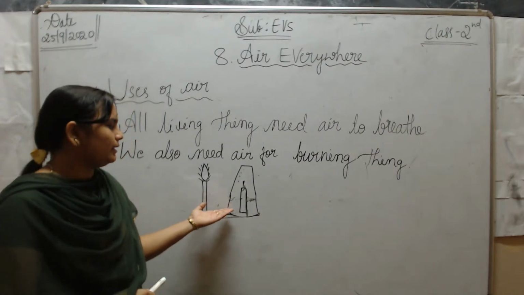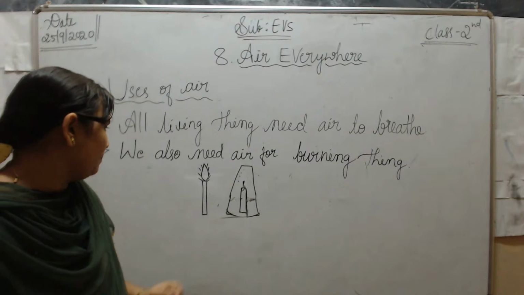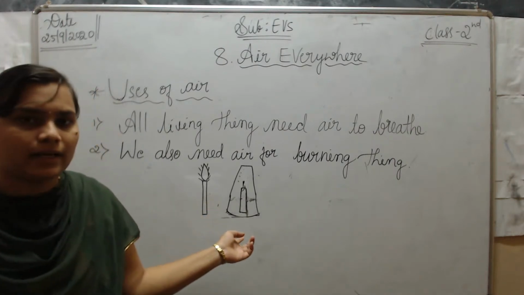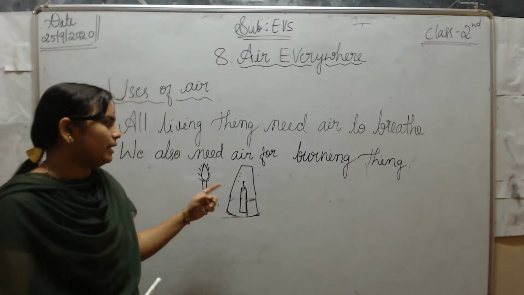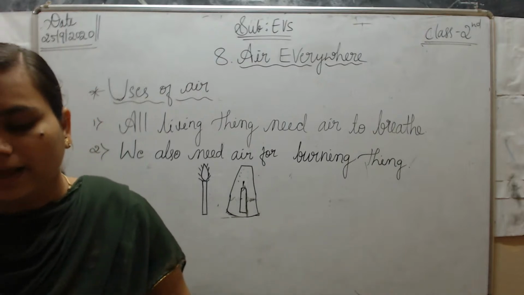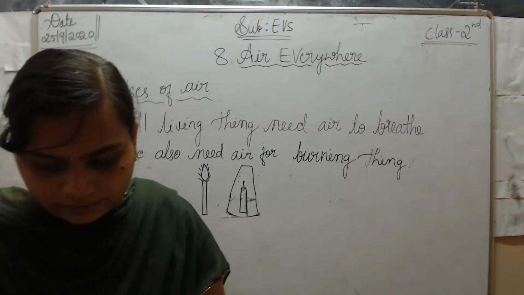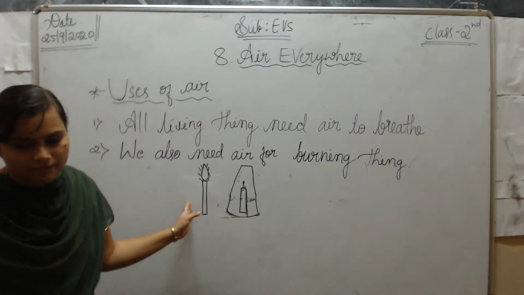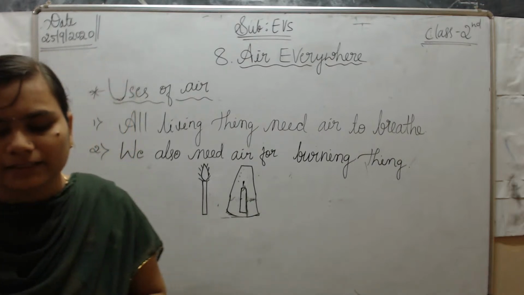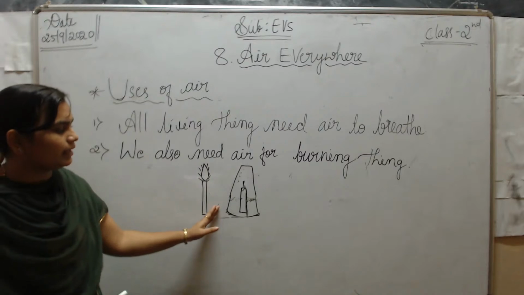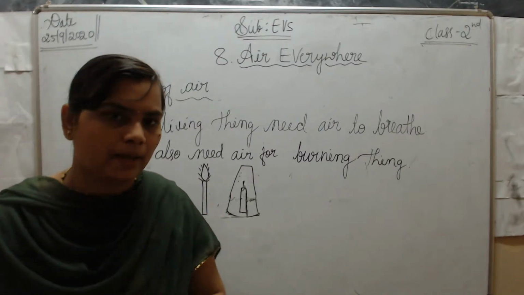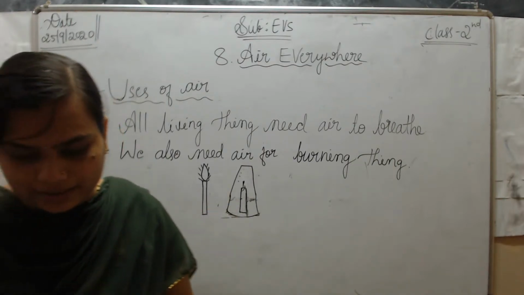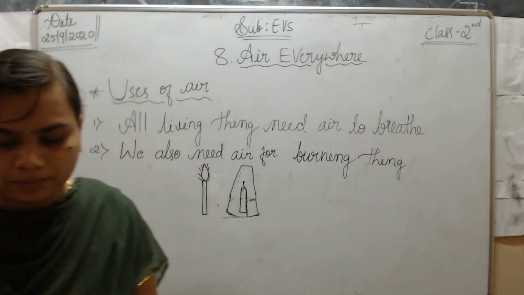If air were inside the glass, it would continue burning like this. If there is no air inside, it shows that burning things also need air. Do you understand, friends? We also need air for burning things. That's why it blows out.